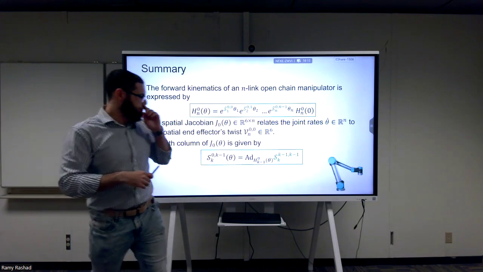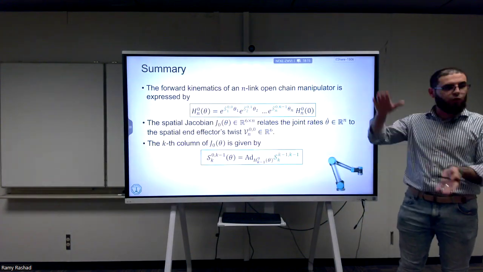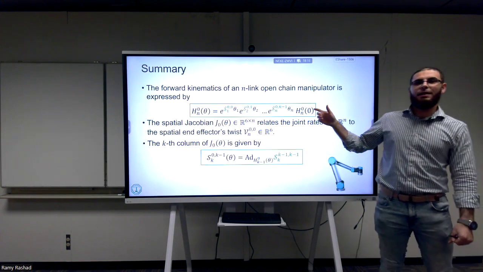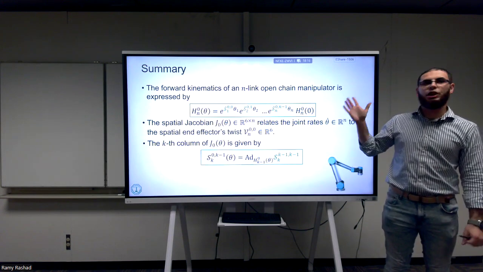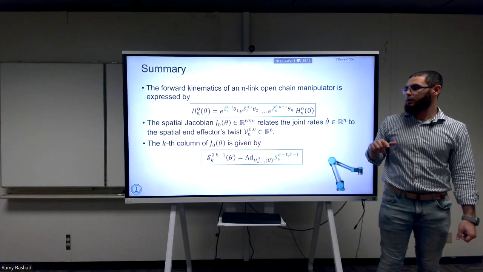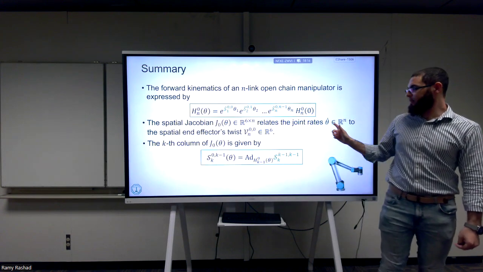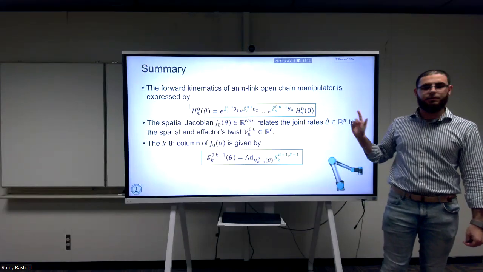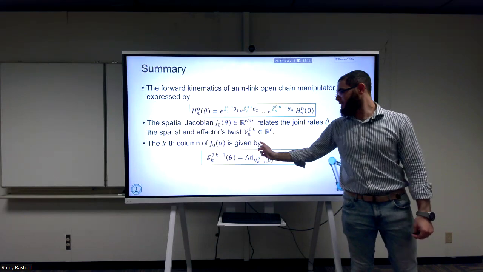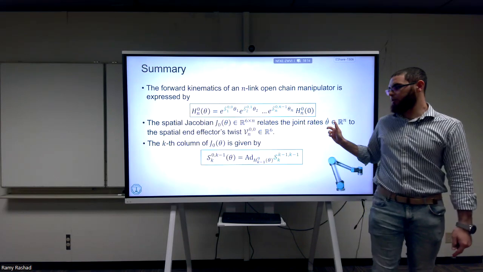Summary. This is everything you need to know about kinematics. It's only in one slide. That's it. The forward kinematics of an n-link open chain manipulator is given by the product of exponentials formula. The spatial Jacobian relates the joint rates, which are n numbers, to the spatial end effector twist by this expression, that V is equal to J multiplied by theta dot.